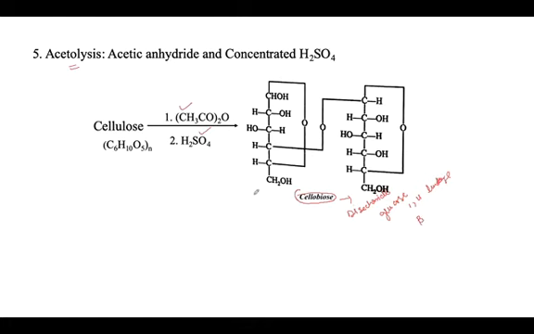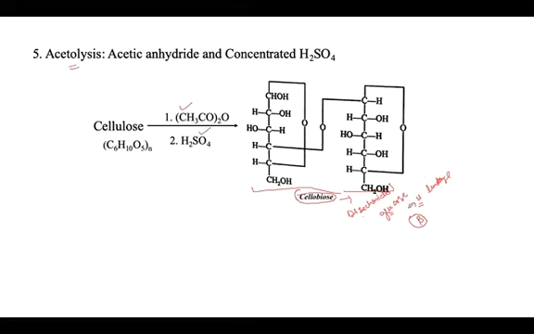So from this formation of cellobiose we can say that we already know cellulose is made up of glucose, and that it has 1,4 linkage, but from this we can say that beta linkages are present.